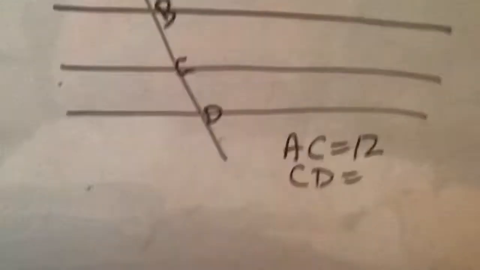So if I know that AC, I'll show you the picture in just a minute, I want to get this written down. If I know that AC is 12, then CD is equal to what? This is the kind of question that you're going to get from this type of thing.